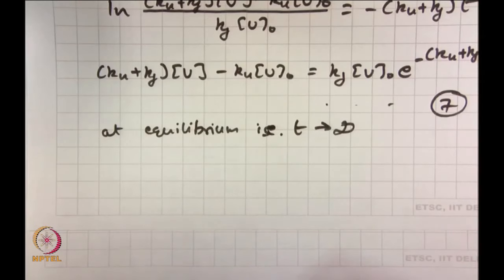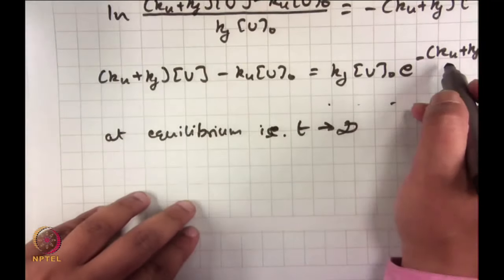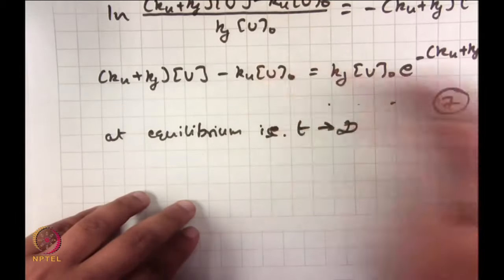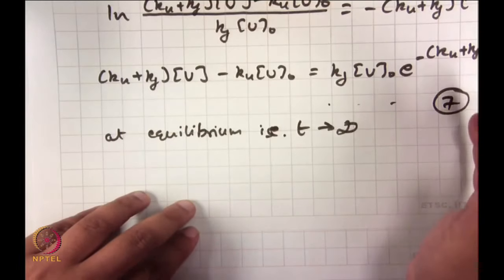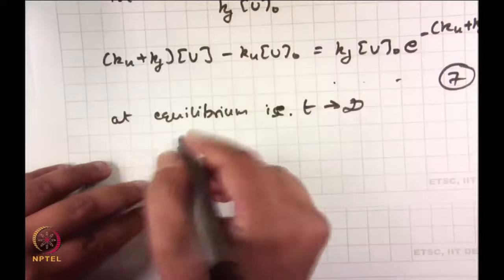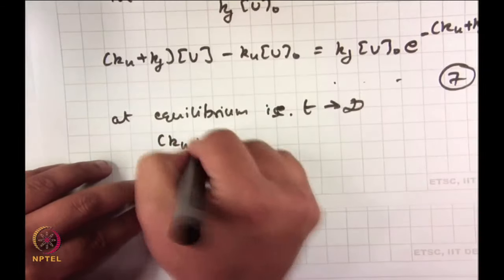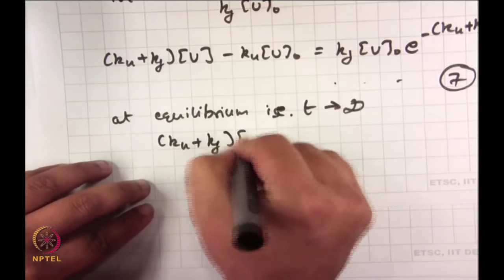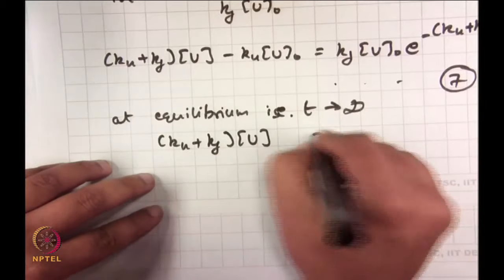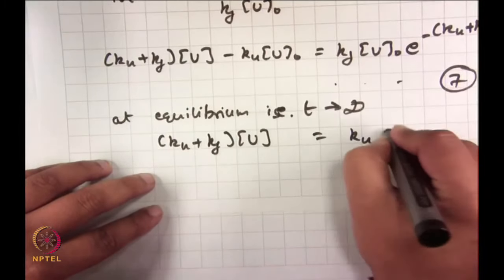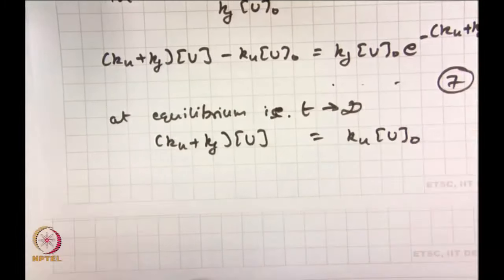So, that means the right side of equation 7 goes to 0, because e to the power minus infinity is what? 0, right. So, hence what I can write is (k u plus k f) times the concentration of u is equal to k u times the concentration of u naught, but this is at t tends to infinity. That means I have already reached equilibrium.